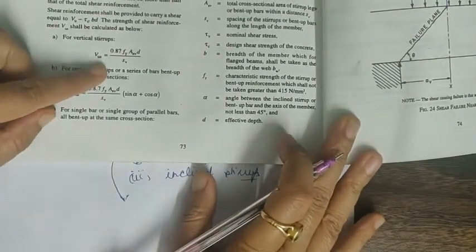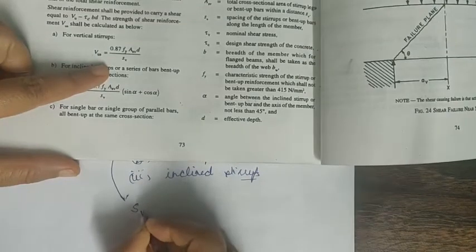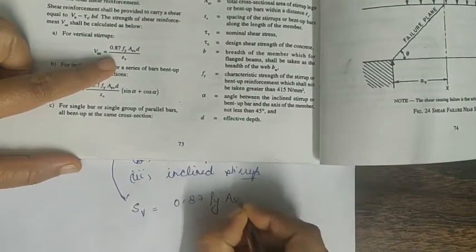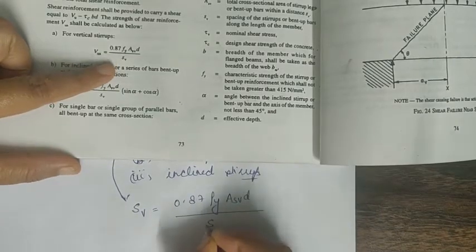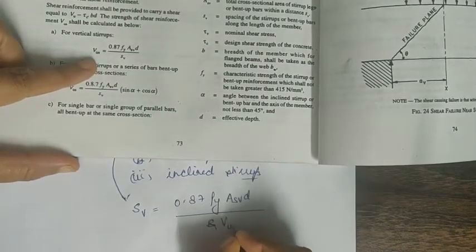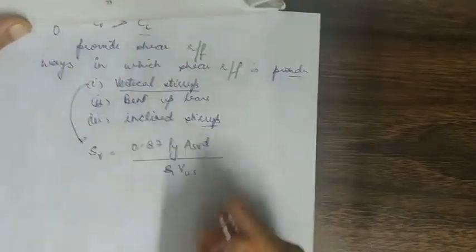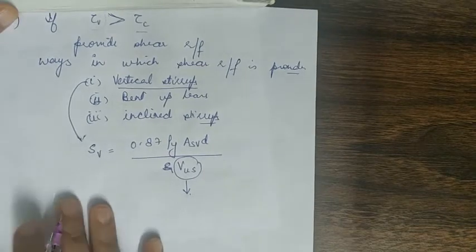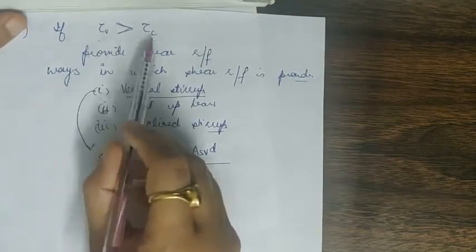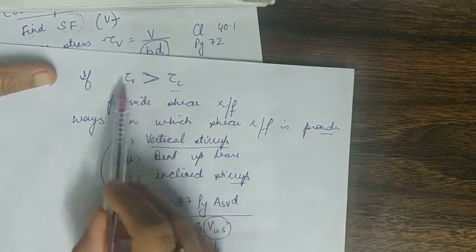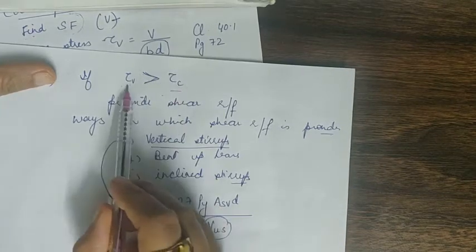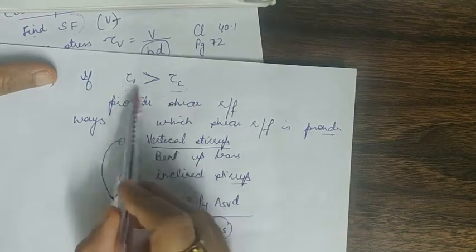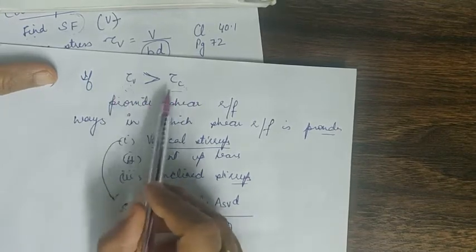The code has a formula where the spacing of the stirrup is given by 0.87 Fy Asv d upon Vus. What is Vus? Vus is the difference for which the shear reinforcement is required. If tau V is greater than tau C, it means some value of shear force is to be resisted by the reinforcement.